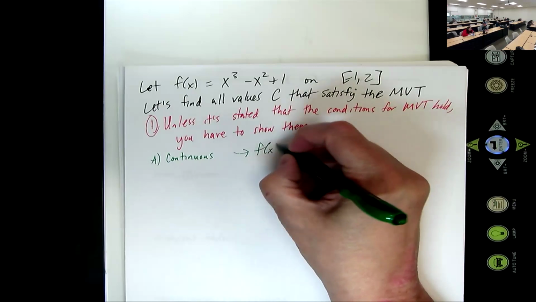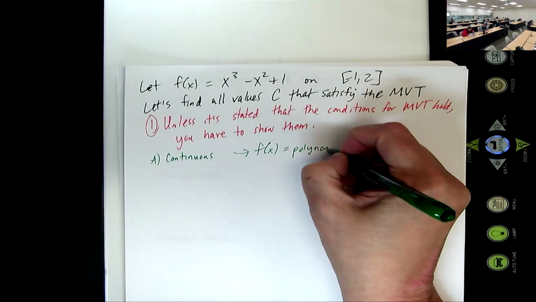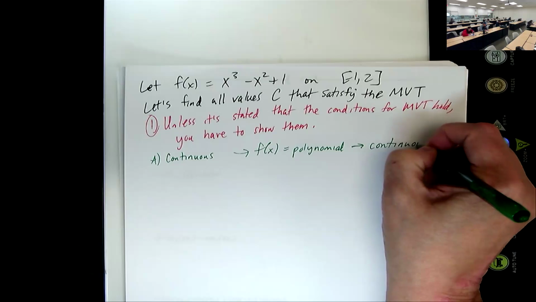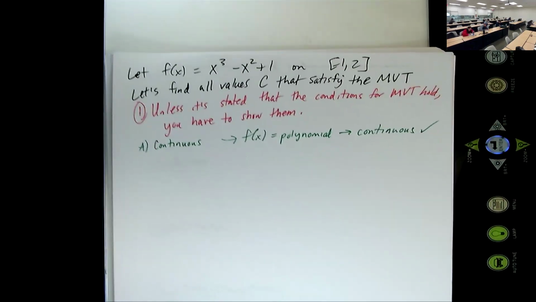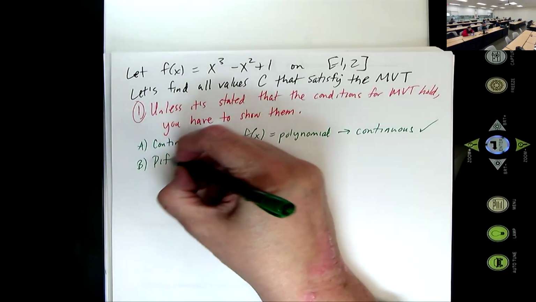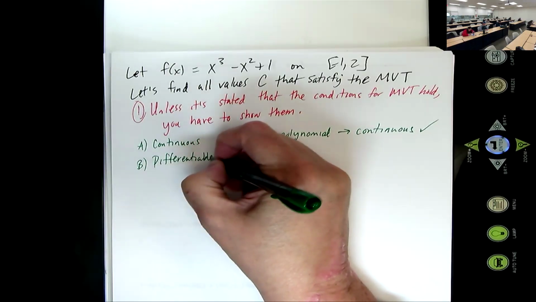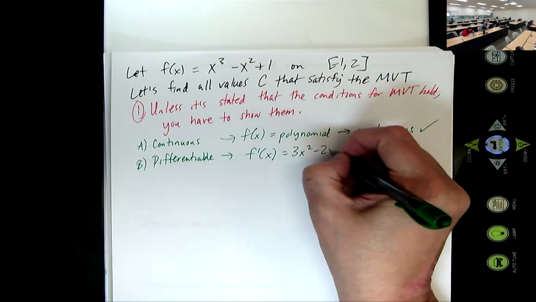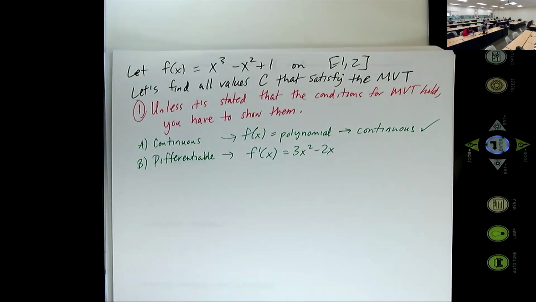Well, f of x is a polynomial and polynomials are continuous. So that's met. The derivative exists everywhere, it's differentiable. F prime of x equals 3x squared minus 2x. We were able to find the derivative, and there's no problem points inside of -1 to 2, so good. And those were the only two conditions for the mean value theorem.